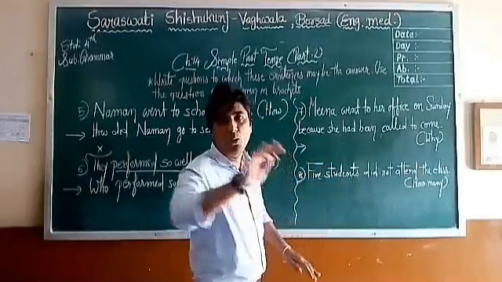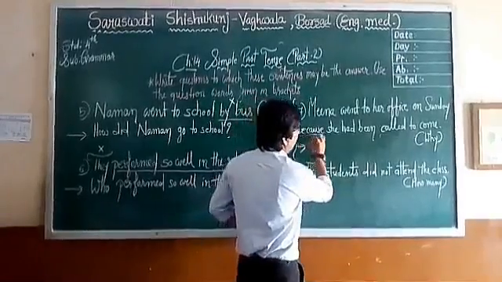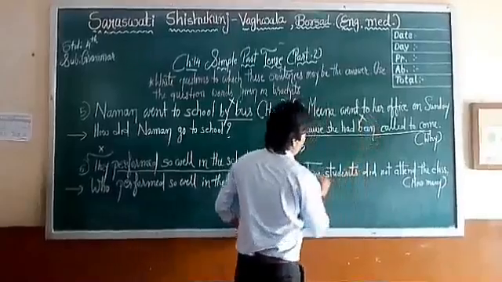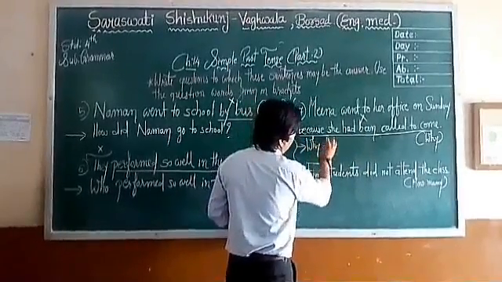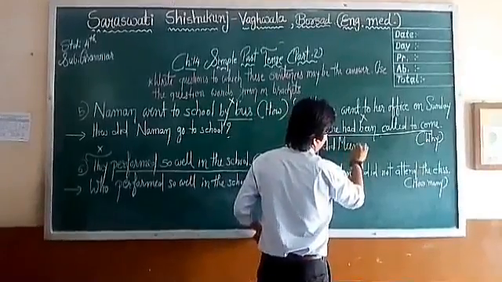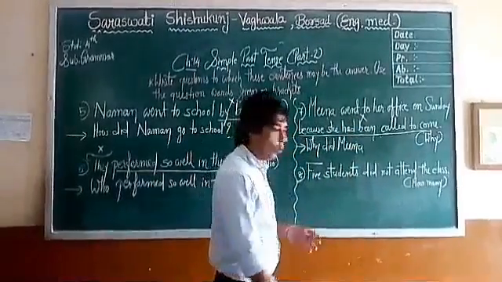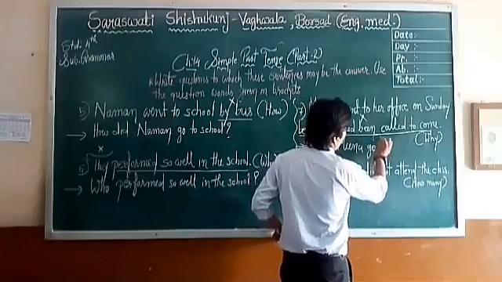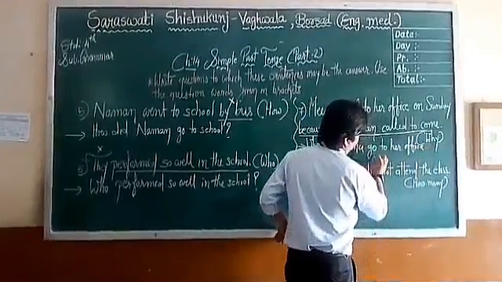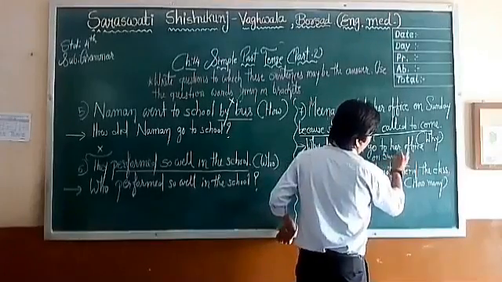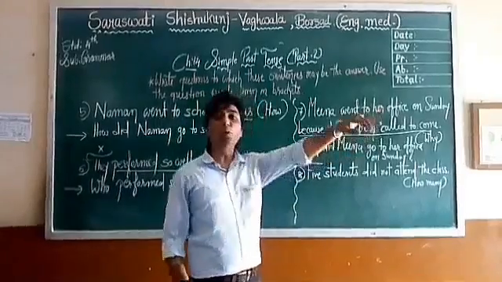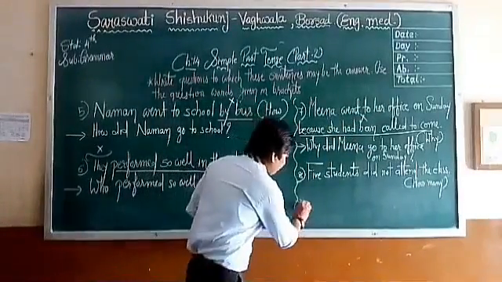So we will not write the whole sentence, right? So this one will be cancelled, right? So why did, then just copy. Meena, went becomes go. Why did Meena go to her office on Sunday? Question mark, right? Why did Meena go to her office on Sunday?